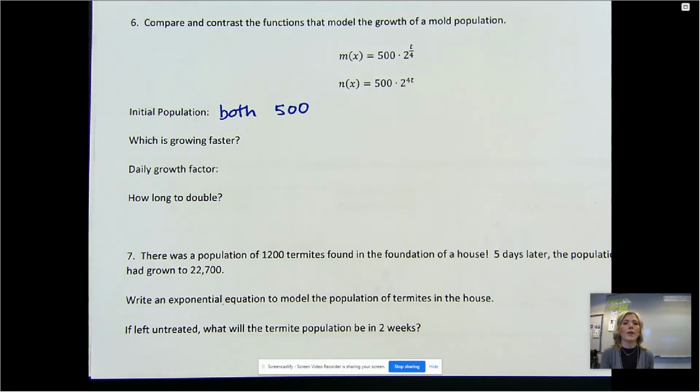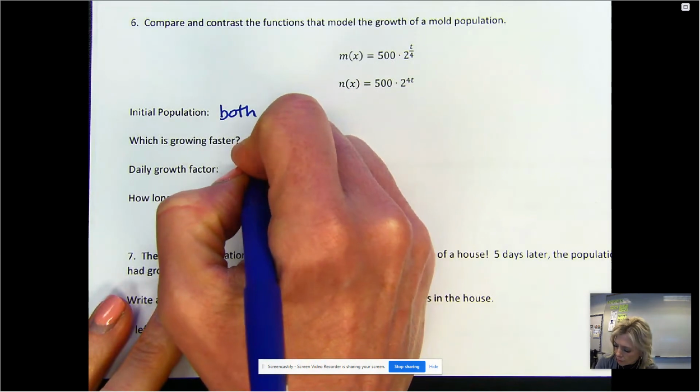Well, let's think about that. T represents time. Both of those exponents have a base of 2, but then there's some work done to the exponent. Dividing by 4 or multiplying by 4 is going to give you a different answer. So which one's growing faster? N of x.